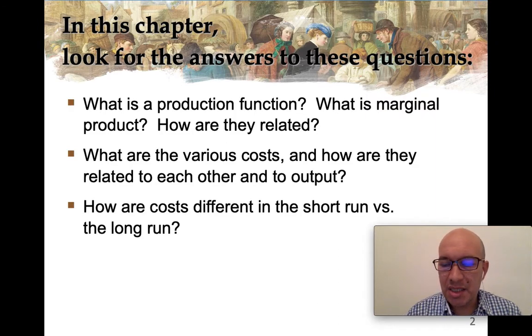The decision about the level of production is closely related to the costs of the firm. So therefore, we need to study and understand the behavior of these different types of costs, and how they are related to each other and to the output. When we talk about output, we mean production.